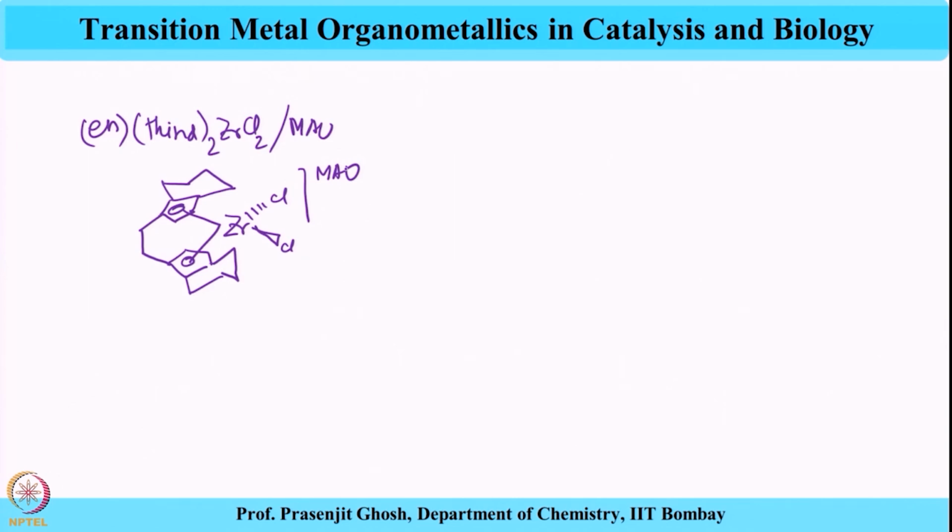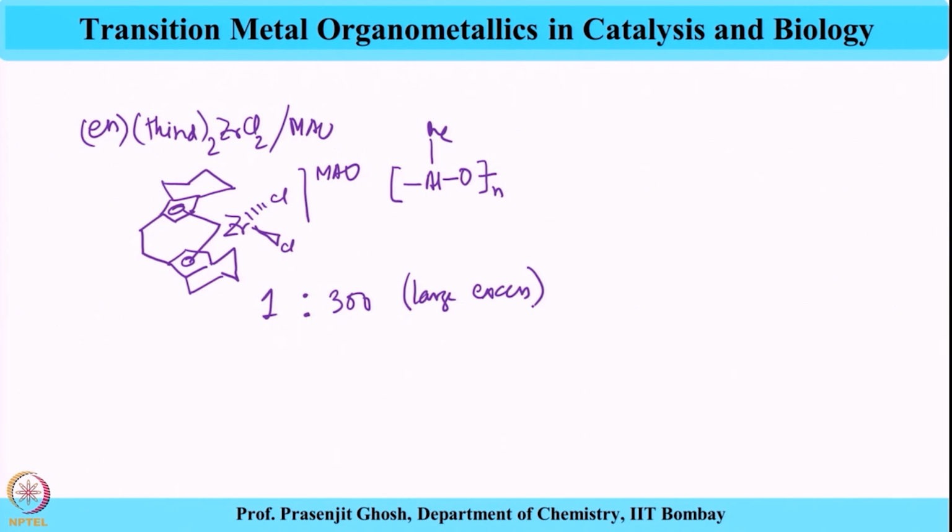MAO can be represented as AlO methyl. The ratio of zirconium to MAO is 1:300, meaning a large excess of MAO is required.